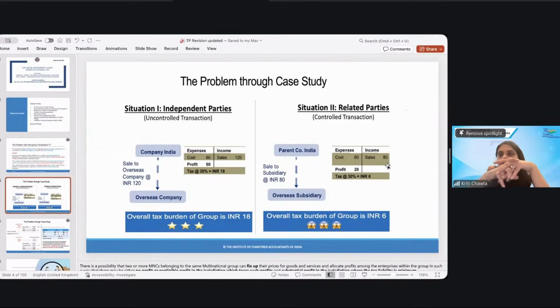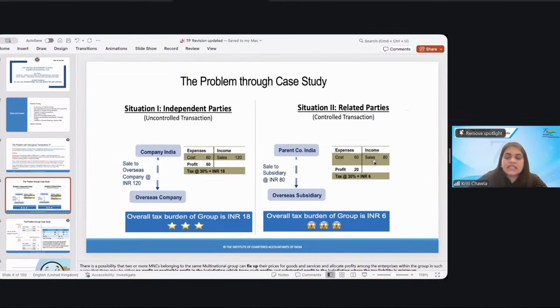I'm not saying that 80 rupees is the open market price. We do not know that, but 80 rupees is a price at which they transact. The related parties, they like to transact with each other. It's just a price which has been derived because of the relationship that exists between these two related parties. So they decide that we'll transact at some random price at 80 rupees.